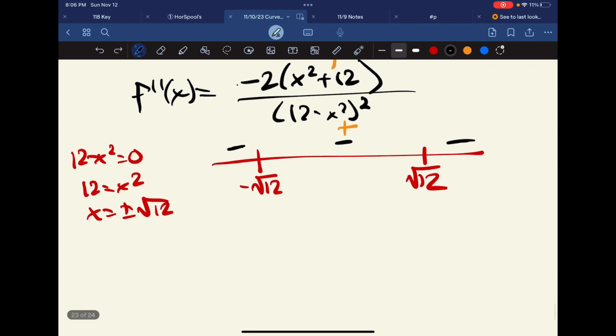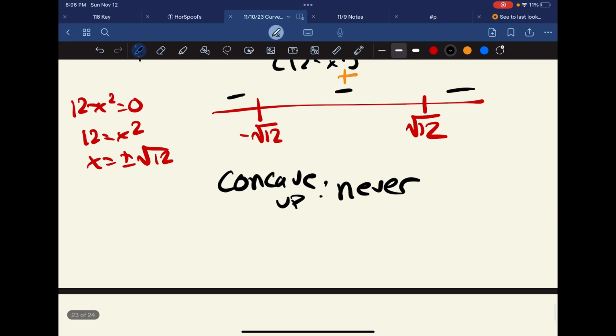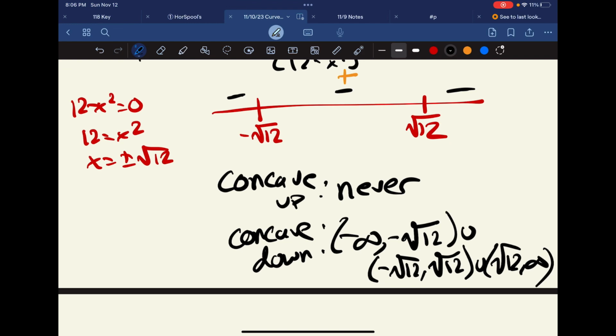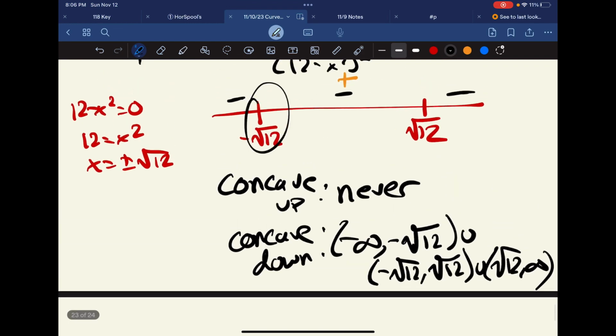So we are going to be concave up never, and we are going to be concave down from negative infinity to negative square root 12, from negative square root 12 to square root 12, and then from square root 12 to infinity. And notice we are excluding those critical points. These are also going to be vertical asymptotes of the second derivative.